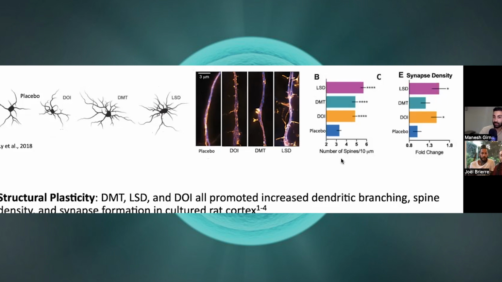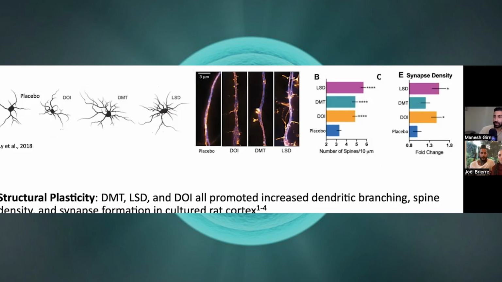And then, quantifying this number of spines, which you could think of as a landing pad on a given dendrite to receive an input from another neuron, you get a significantly increased number of spines per 10 micrometers.